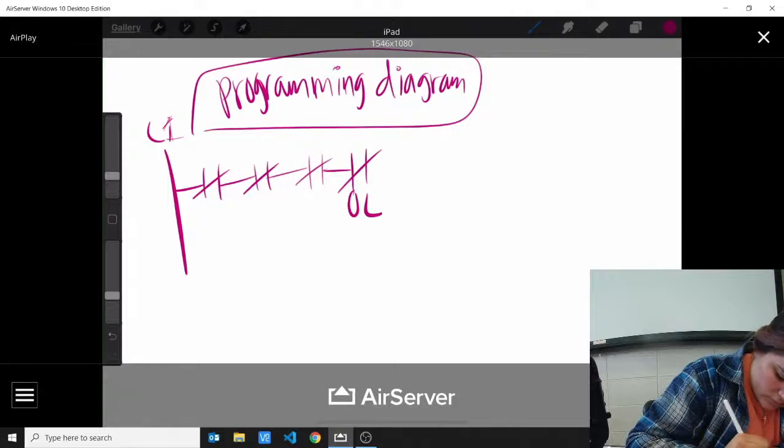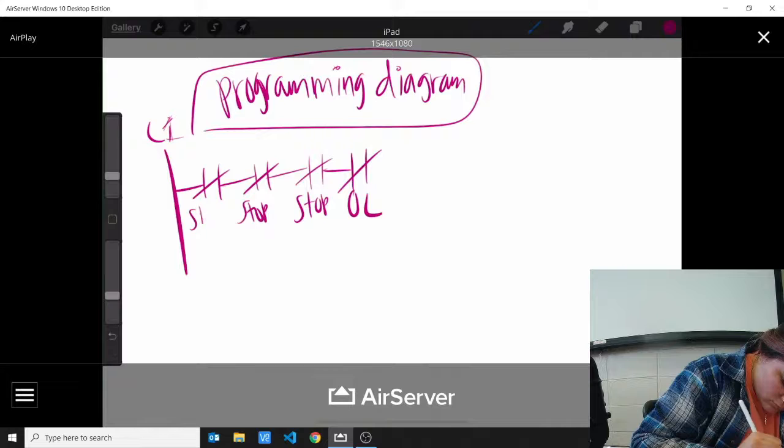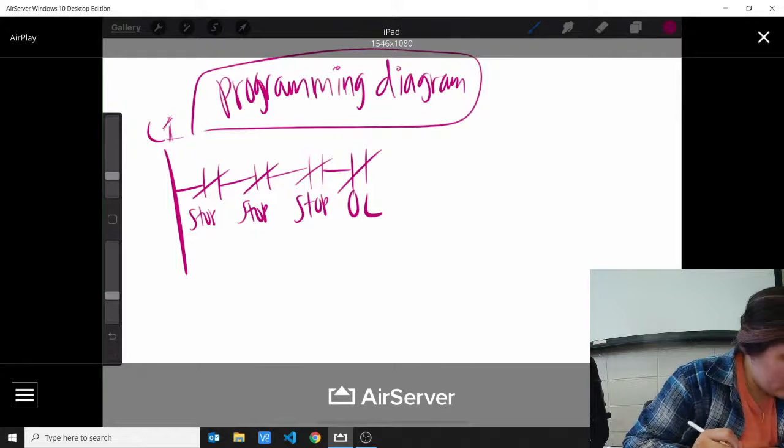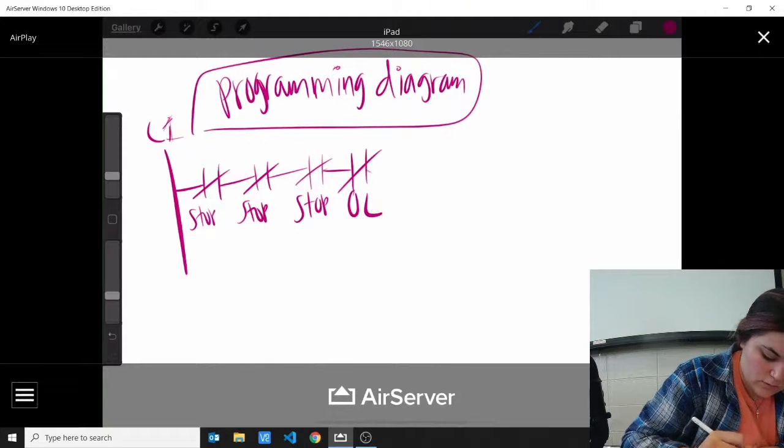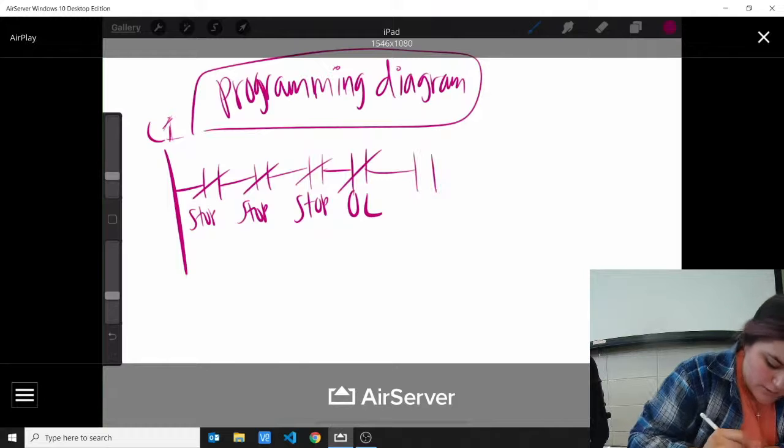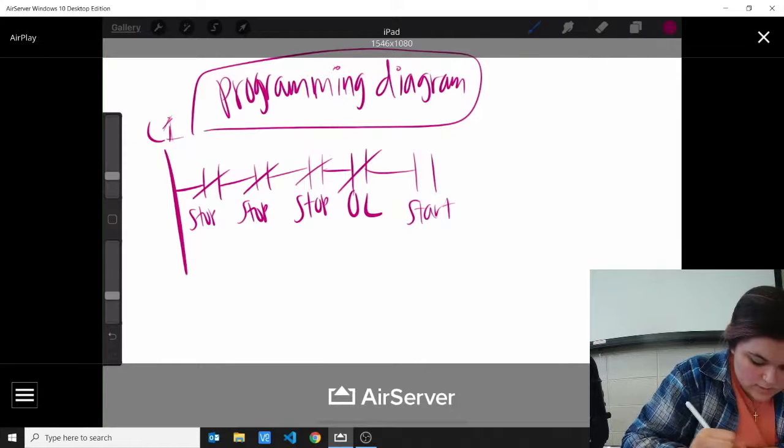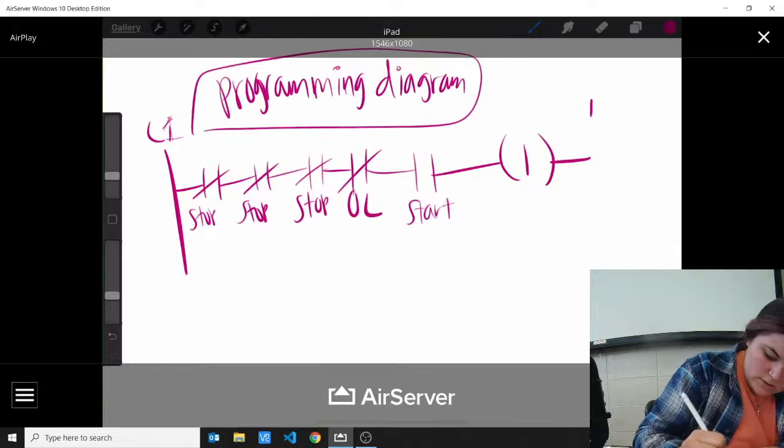So stop, stop, stop. And then you would have your start right here, which is normally open. And then you would have your output, and that would be output 1. And then you would have your L2.